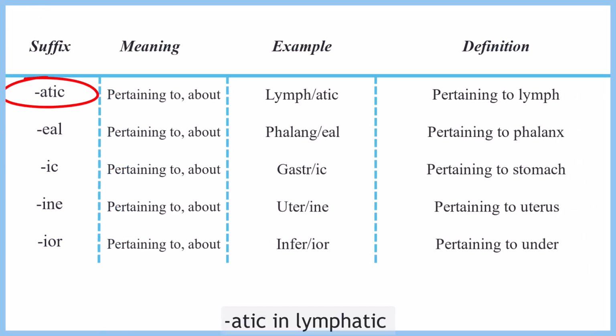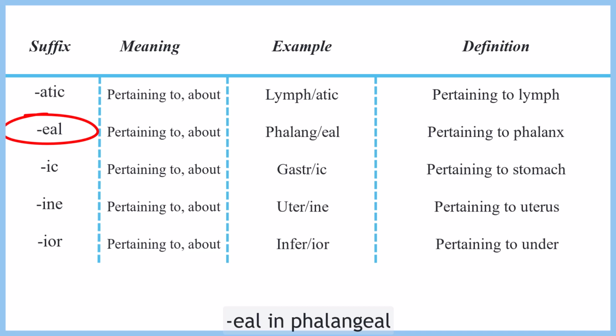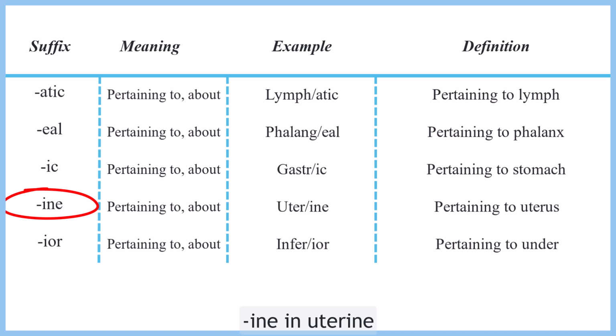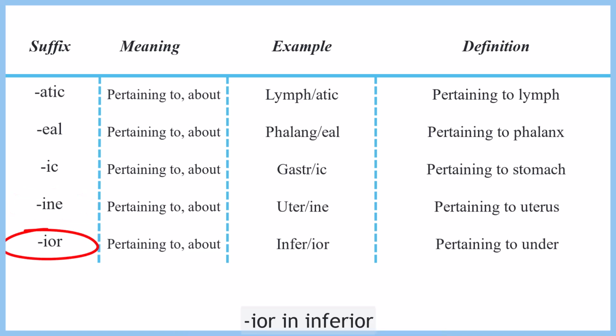Atic in lymphatic refers to pertaining to lymph. Eal in phalangeal means pertaining to phalanx. Ic in gastric, pertaining to stomach. Ine in uterine refers to pertaining to uterus. Ior in inferior, pertaining to under.